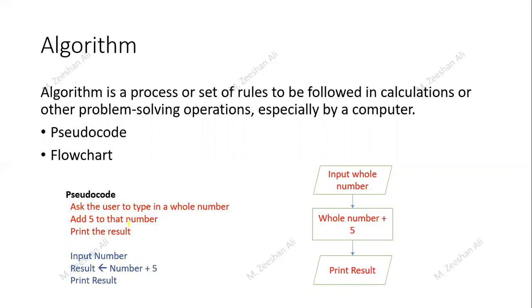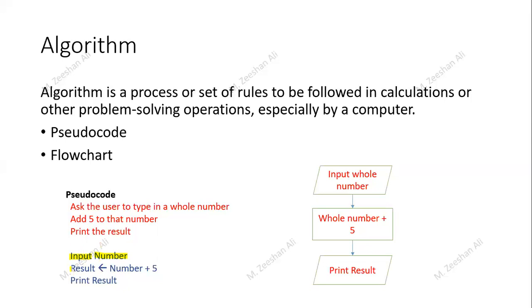If we write the same steps in O-level pseudocode writing, we have some specific commands that we are going to use. For taking input from the user, we have the command input. You can see here, input. Whatever number the user gives will be stored in a memory location, and that location will be named number.